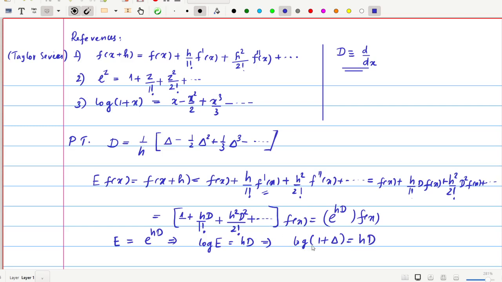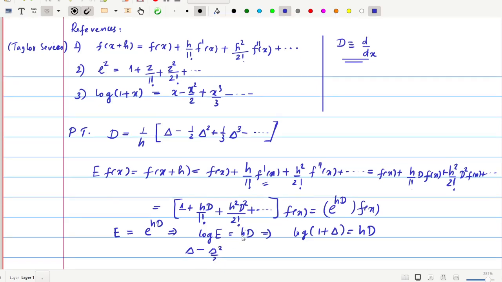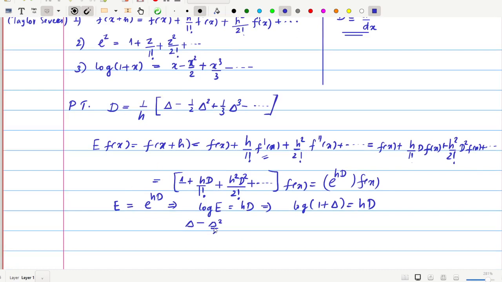Instead of 1 plus x, we have 1 plus delta. So you need to replace all the x's in the right hand side of this expansion by this delta. So you'll get delta minus delta square by 2 plus delta cube by 3 minus etc. is equal to hD.